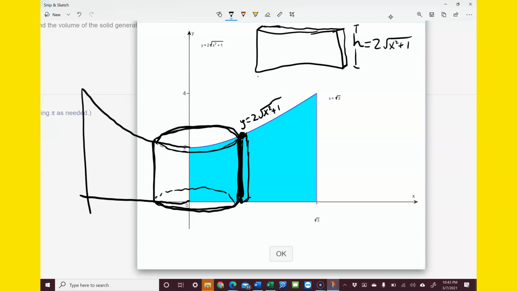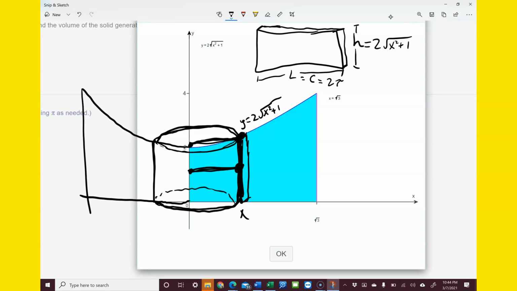And the length is the circumference of that cylinder. And if I have a radius that goes from here to here, that is going to be just the x coordinate of this point, right? If the radius is this, then it's just whatever this x coordinate is, so it's just x.